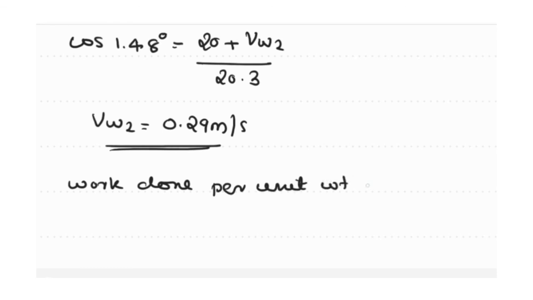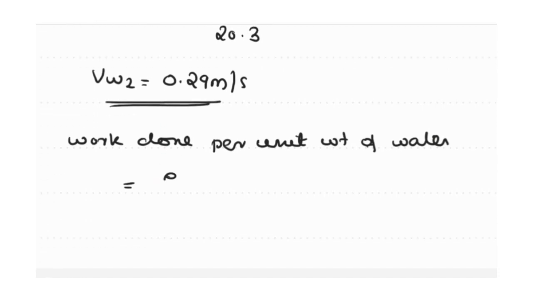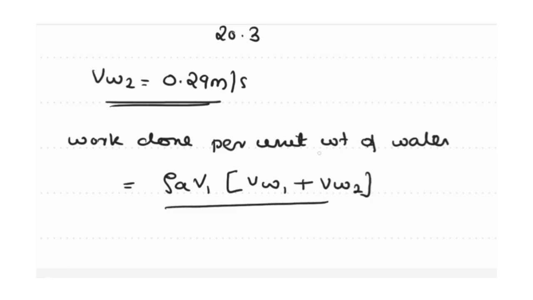So next let us go with the work done per unit weight of water. So that is equal to rho into A into V1 into VW1 plus VW2 (here, because alpha is acute, less than 90 degree, that is 60 degree, it is plus VW2) into U, divided by, since we are calculating for unit weight, rho into A into V1 into g.